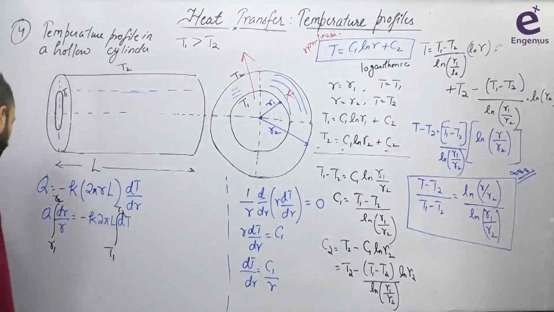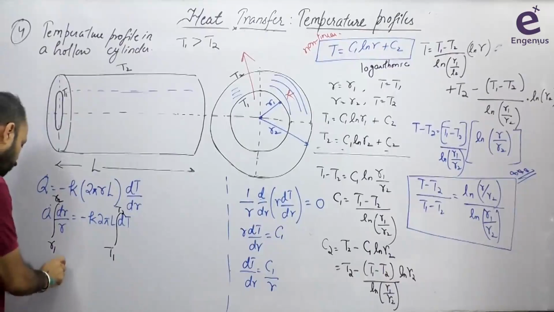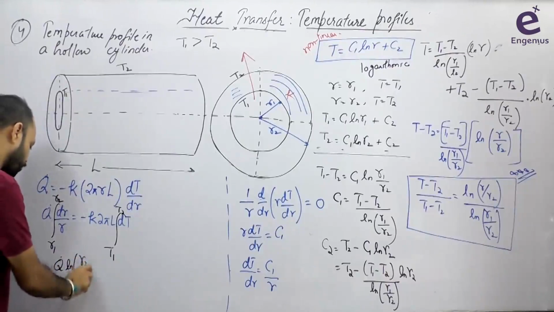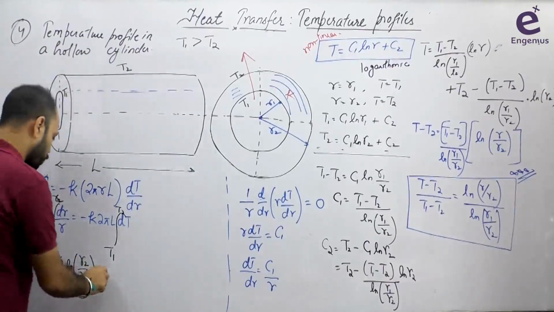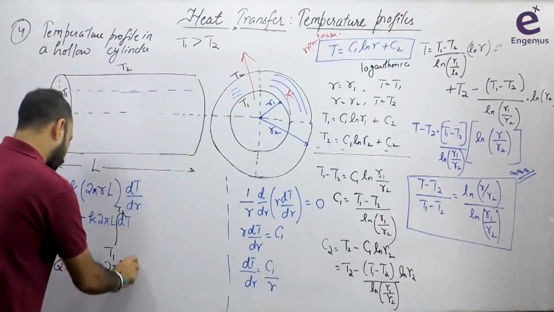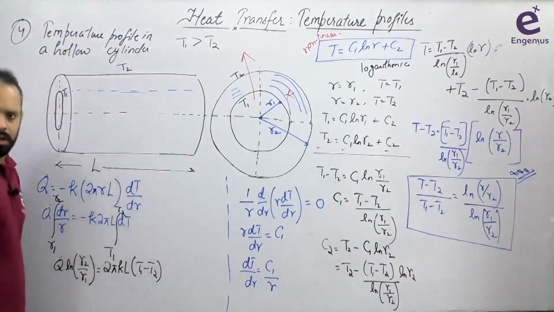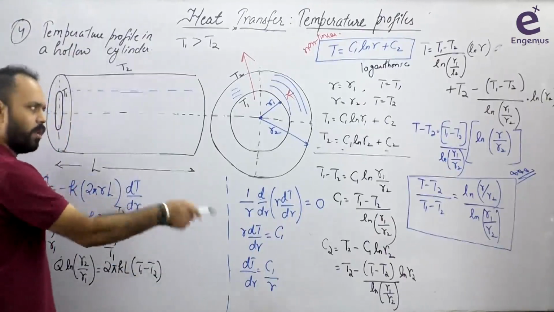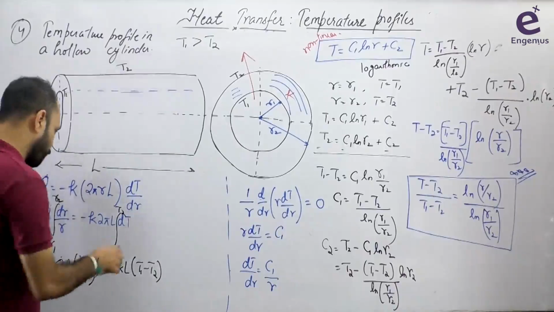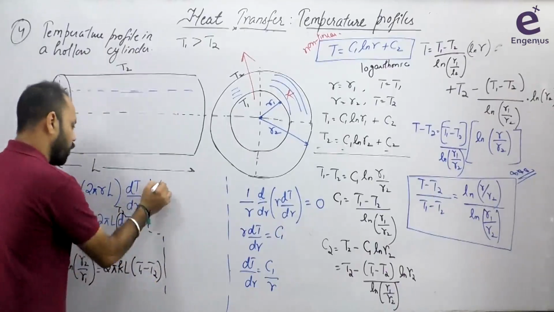Fine. So this becomes log of R, so log of R2 minus log of R1. So Q into log of R2 by R1 is equal to 2 pi KL, I can write T1 minus T2. A very simple derivation. Here I did not use this dt by dr; I can do that also. I'll tell you how. From here you can find that, write it carefully, don't copy it wrongly, okay.